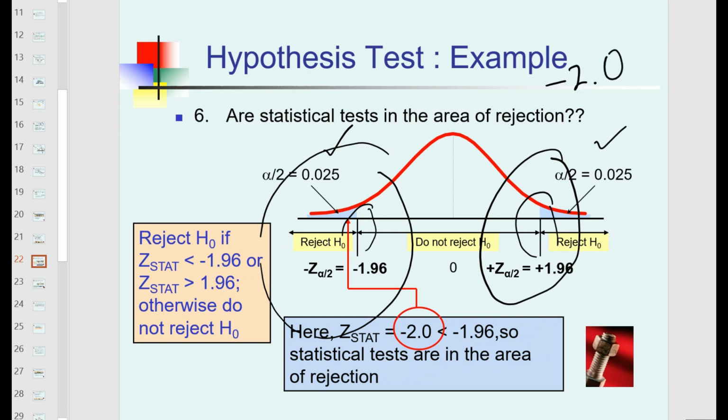Is negative 2.0 in this area or this area? Of course, it is in this area. So it is in the area of rejection now. This is how you are guided on how to decide in your hypothesis testing. Because your Z stat is less than negative 1.96, the statistical test is in the area of rejection.